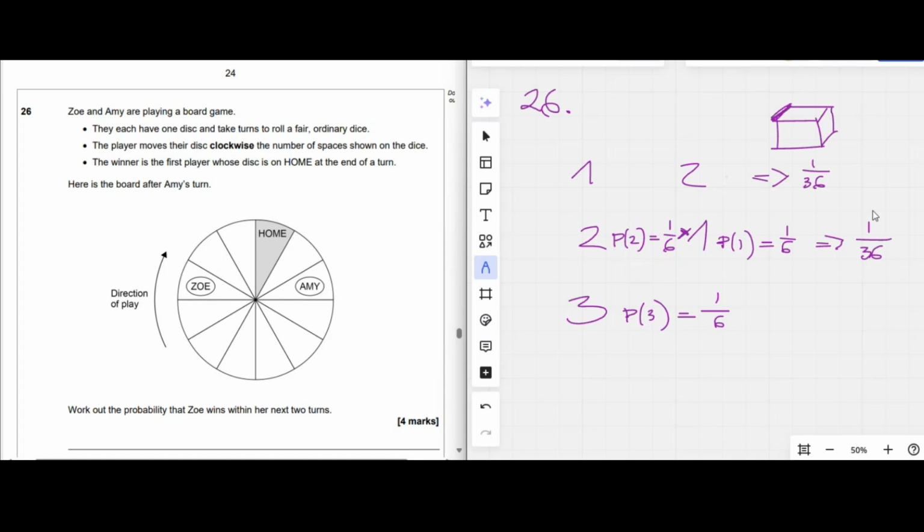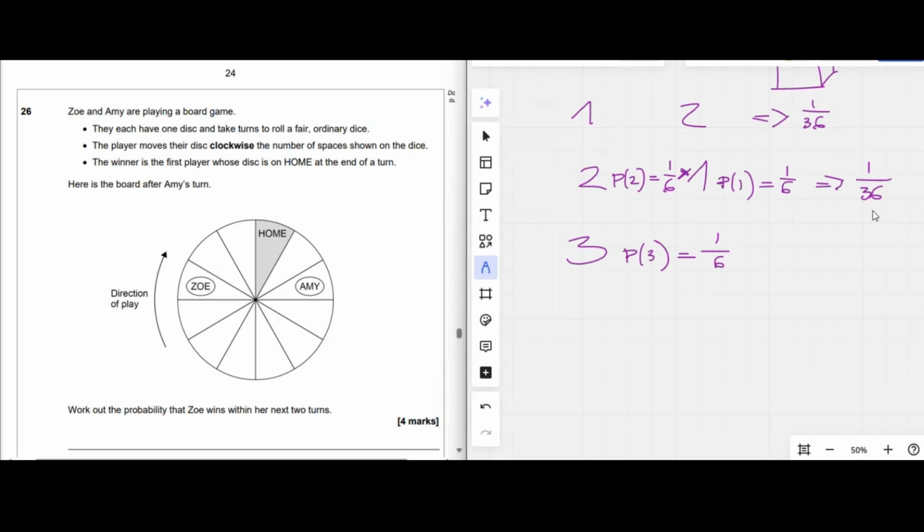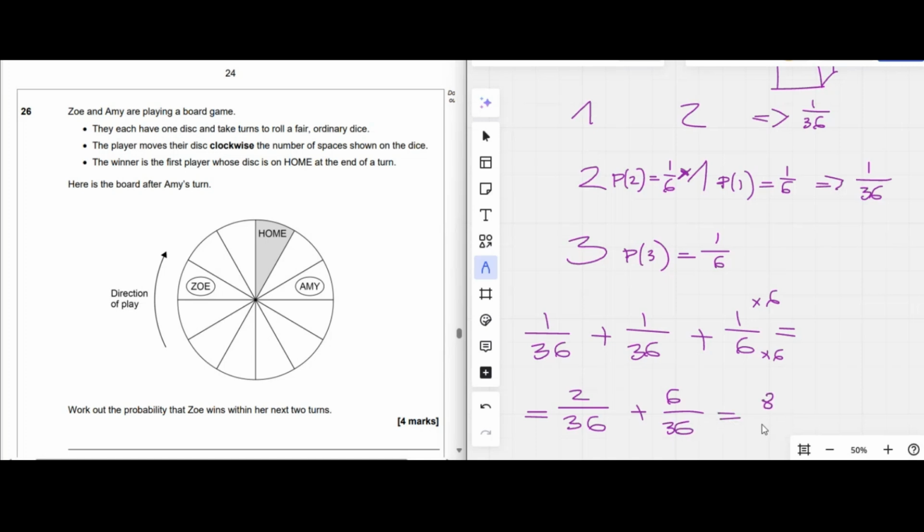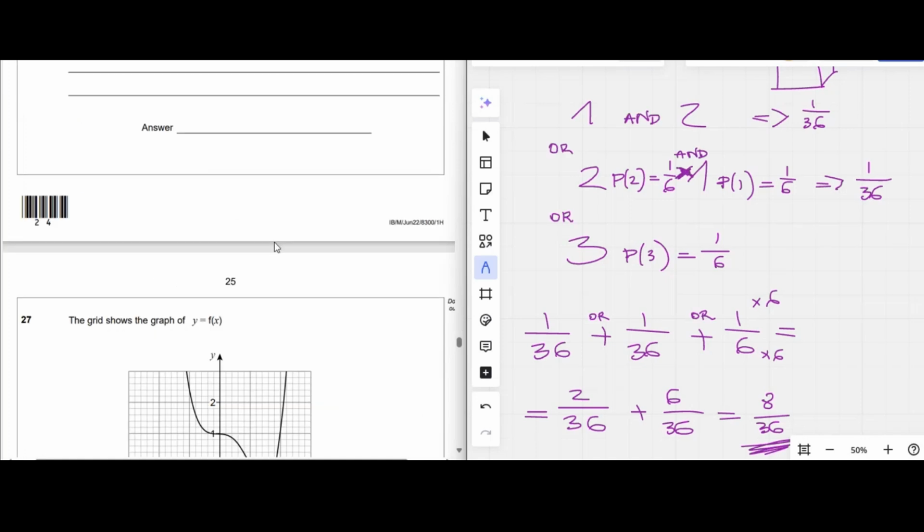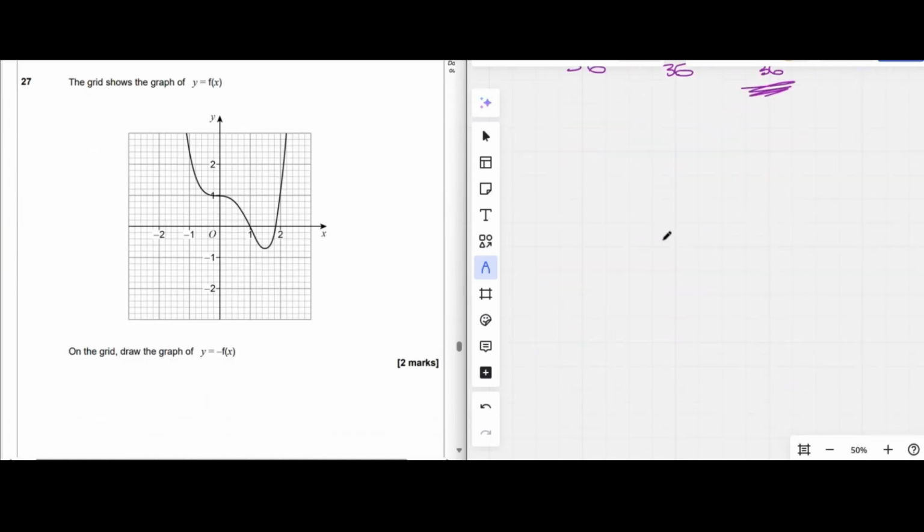So the total is the addition of them all. So 1/36 plus 1/36 plus 1/6. We need a common denominator, so let's multiply by 6 there. So from the first 2, it's 2/36 plus 6/36, which is 8/36.